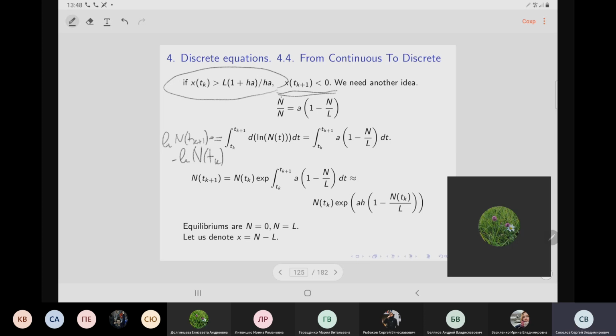So far, when we calculate the exponent of the left and right-hand side, we get in the left the fraction of n of tk plus 1 over n of tk, and an exponent from the right-hand side. So far, the discrete equation takes the following form.